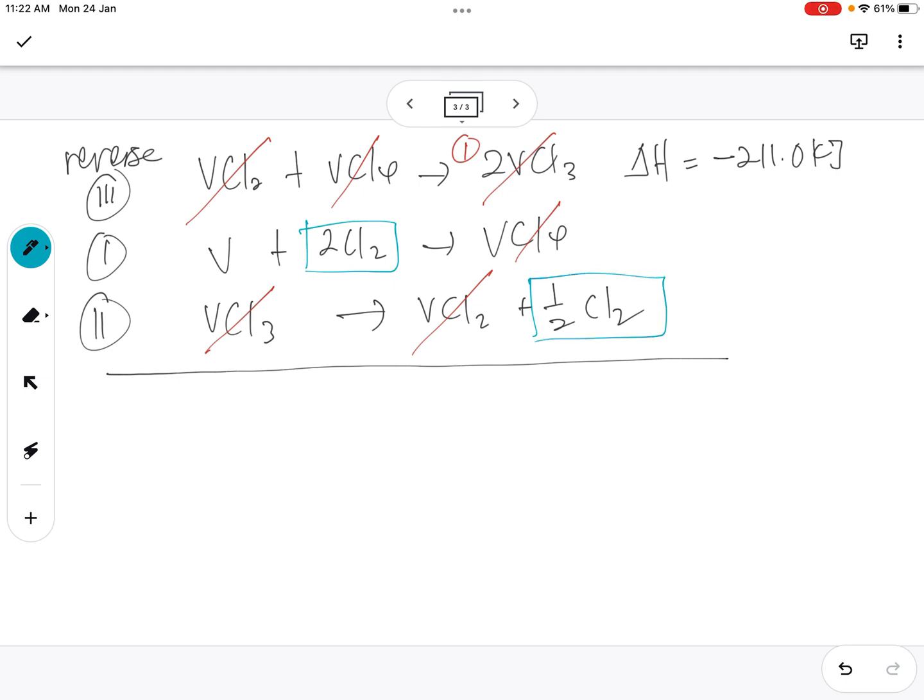If we subtract, what do we get? What do we get if 2Cl2 cancels off with this one? 3/2. Very good. We get 3/2.